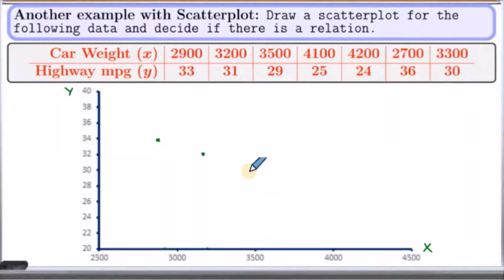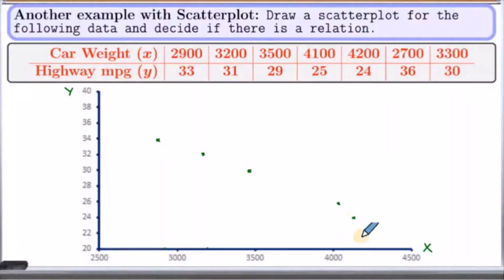So 3500 is here and 29 is here. 4125. So 4000 is here. So if this is 41 here, so 25 is here. And the other one is 4224. So 4200 and let's say 24 is right here.